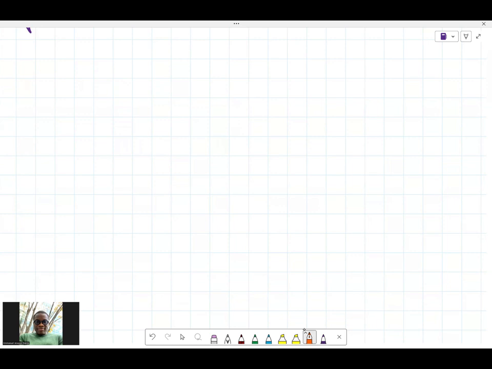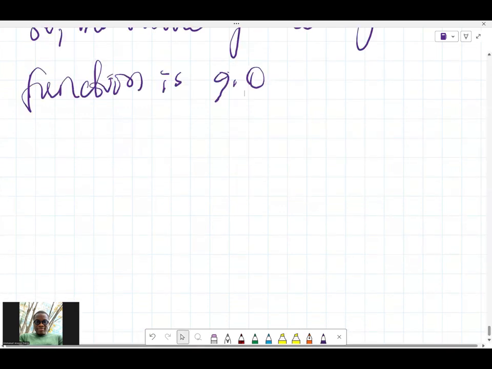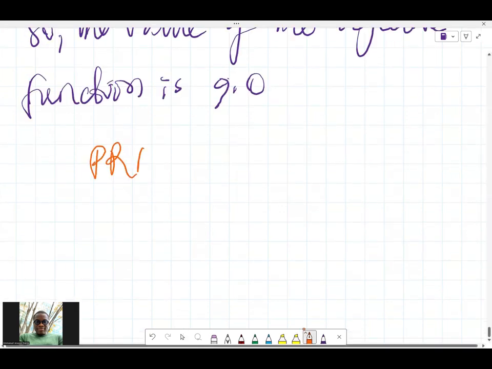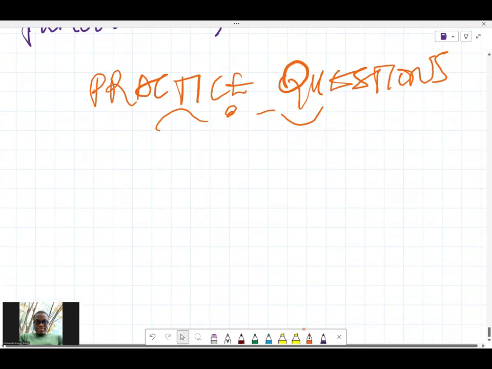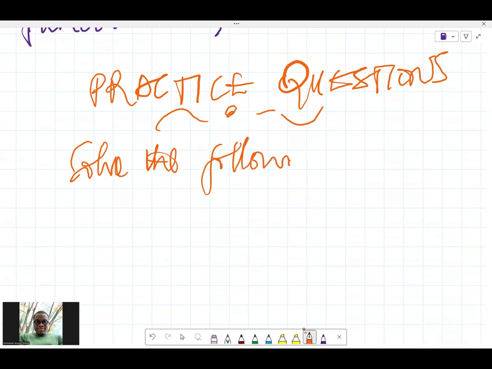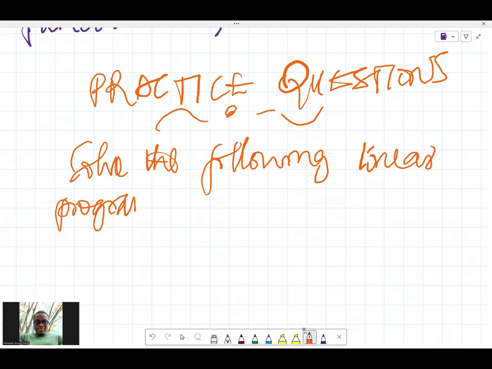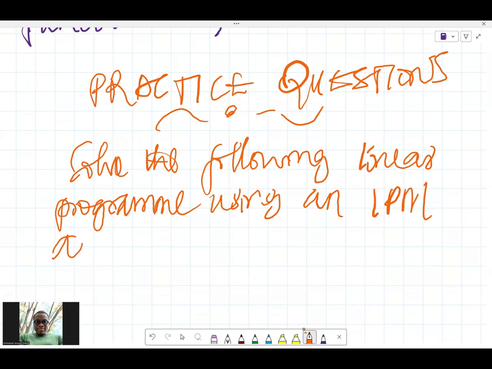Let me see if I can have up to two practice questions. Practice questions. Okay. Solve the following linear programming problem, if you like. Solve the following linear program using an interior point method approach.